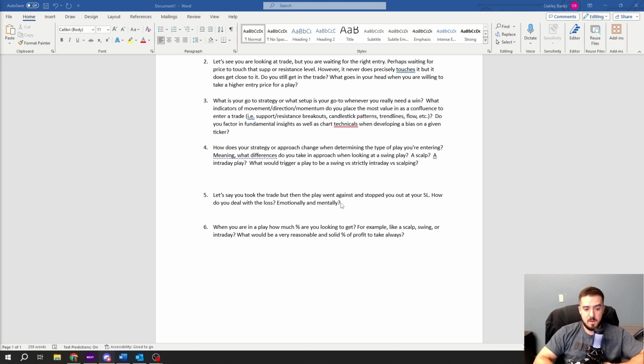If I hit that target to the upside, I'm pretty happy. If I hit my target to the downside, I'm pretty indifferent, because I'm willing to lose that amount of money no matter what, right? That is what I'm willing to lose throughout the day. So I try not to let losses pull me down, but that's because before I ever enter, I already know how much I'm willing to lose.